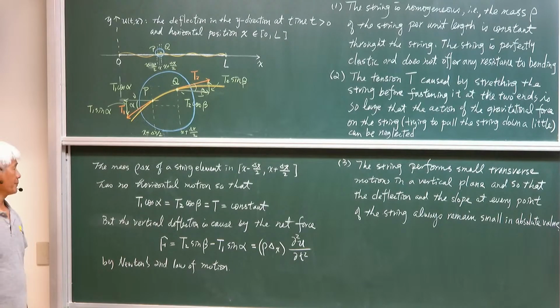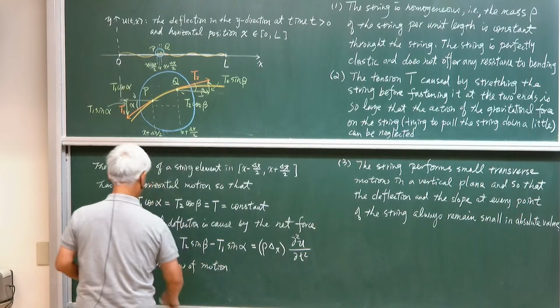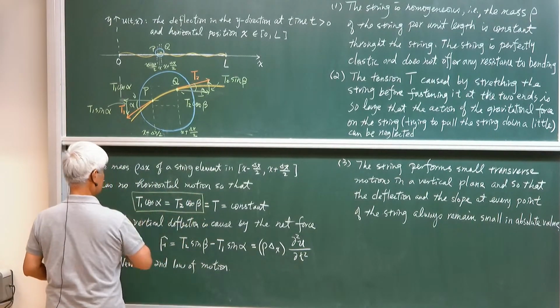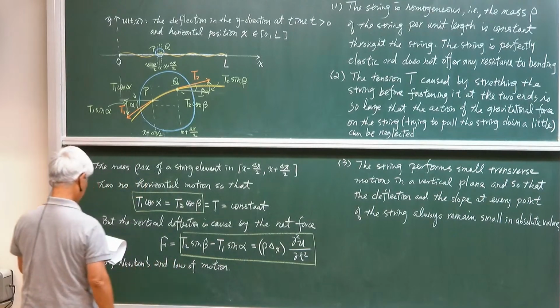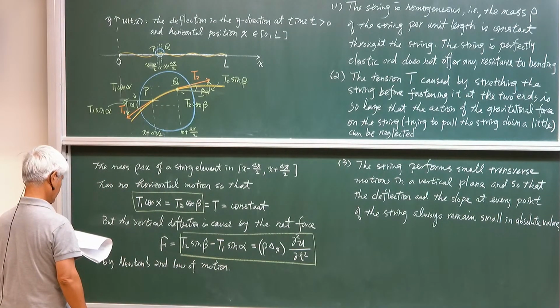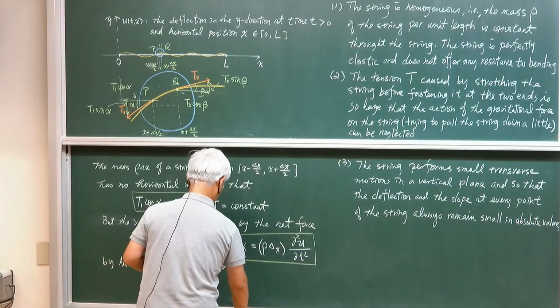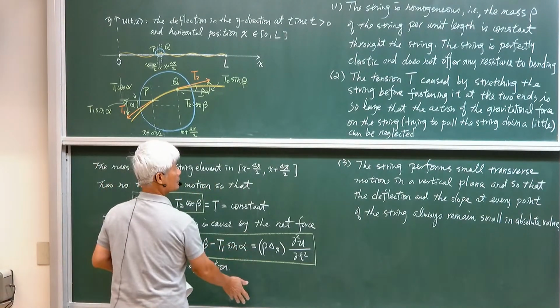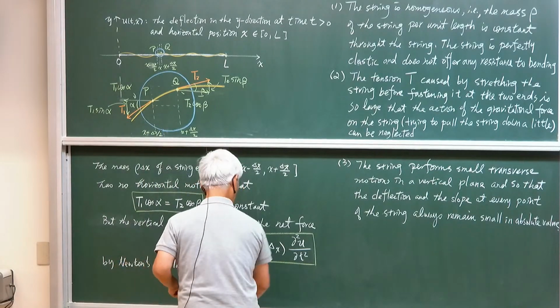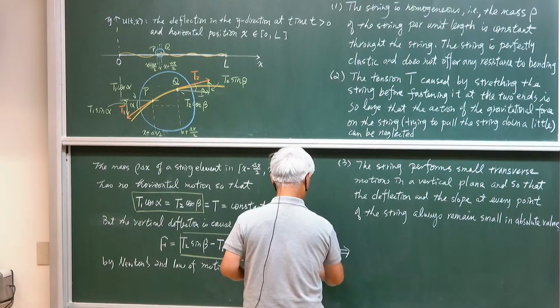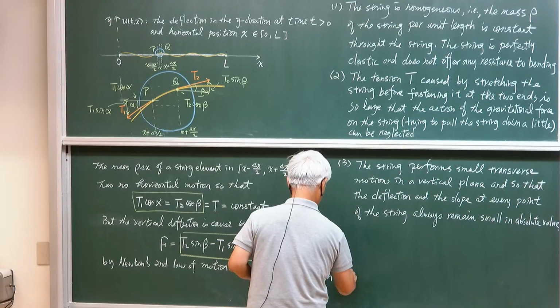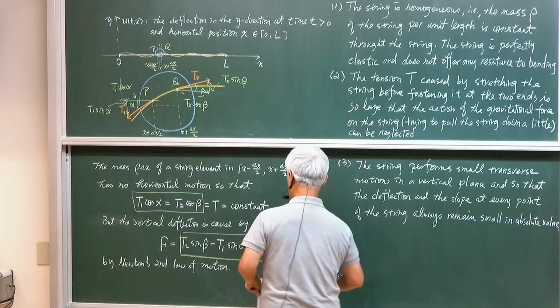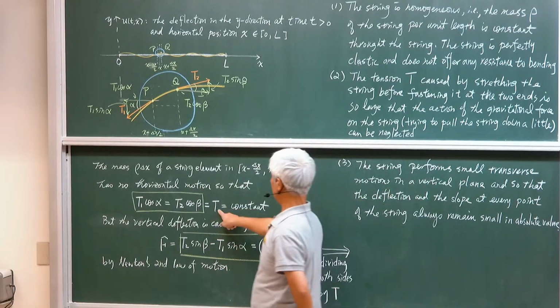Okay? So we have this is our equation. If we divide both sides by T, so we're dividing both sides by this T here.